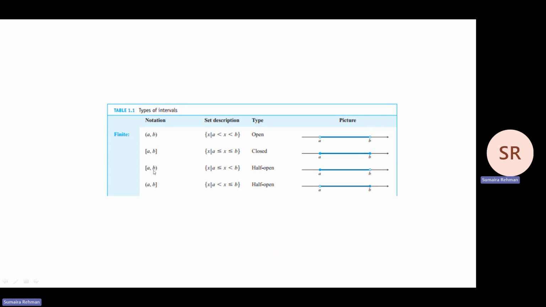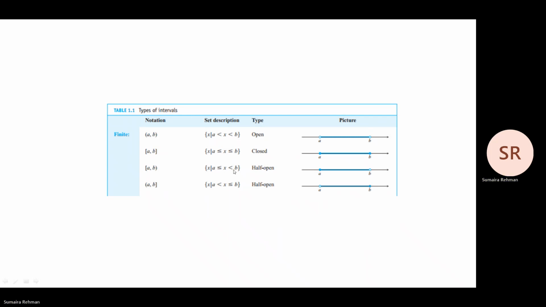Since a is included, we will use less than or equal to. Here we are using the round bracket, which means b itself is not included in the interval, so we will use strictly less than. The solution x will be strictly less than b.